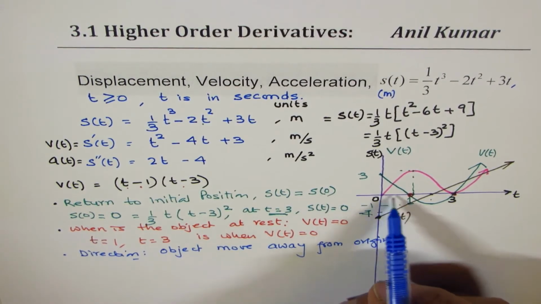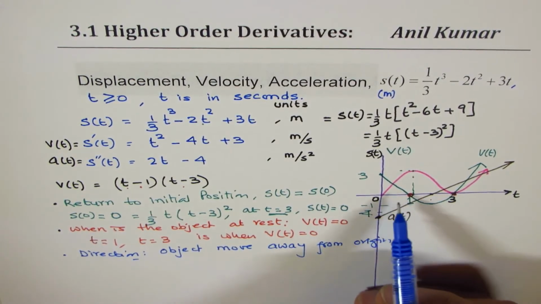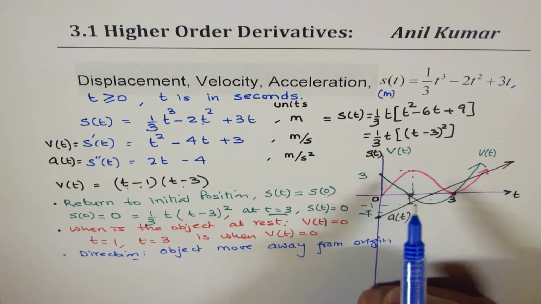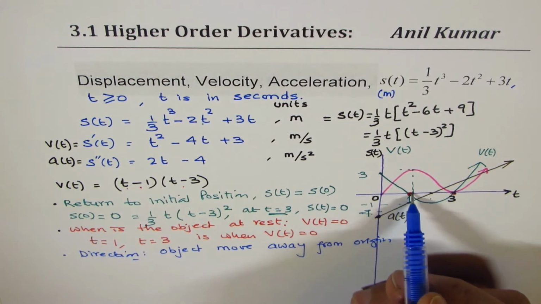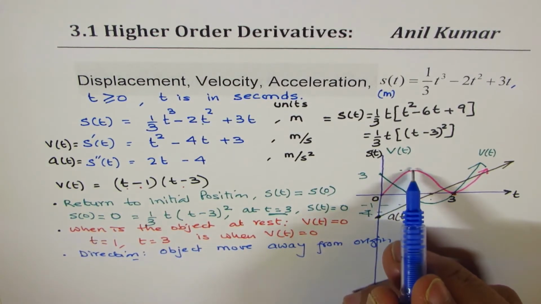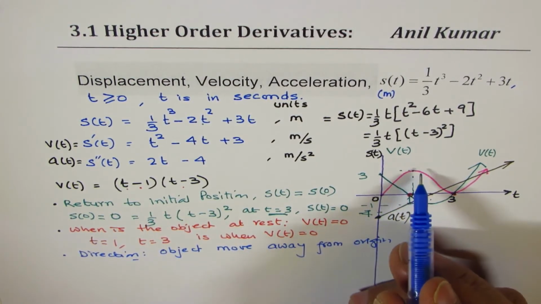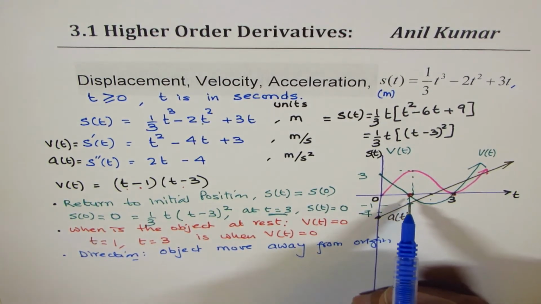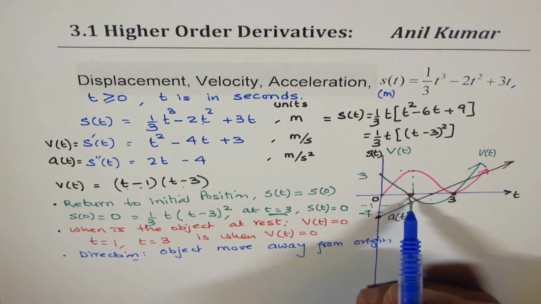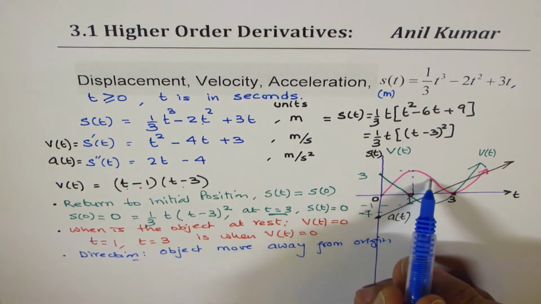If you are moving away from origin, in that case the displacement is increasing, correct? So in this diagram you see that from 0 to 1 the object is moving away from the origin, correct? And then from 1 to 3 it is moving towards the origin since the displacement is decreasing.